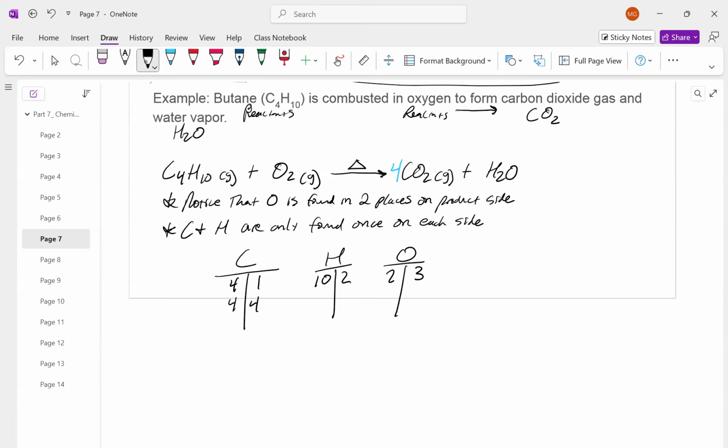All right, now let's fix the hydrogens. So I have 10 on the left and I have 2 on the right. How can I fix the hydrogens? Well, since each water molecule supplies 2 hydrogens, if I were to have 5 water molecules, that's a total of 10 hydrogens. So now I have 10 and 10.